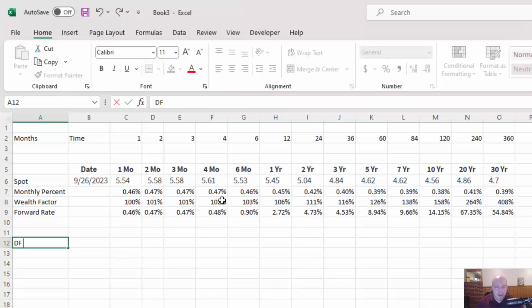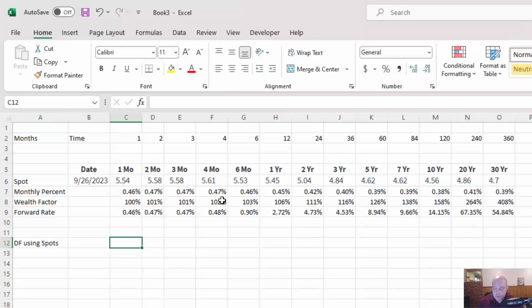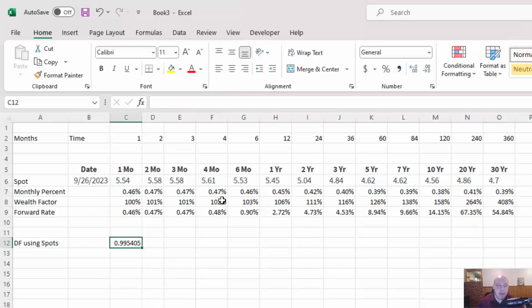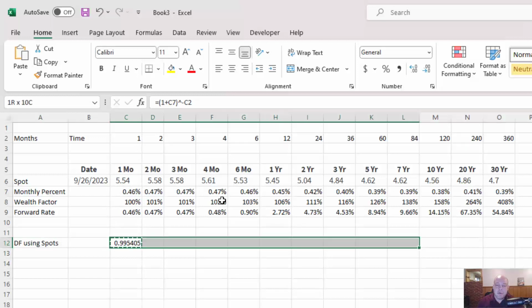So the discount factor using spots is just equal to 1 plus the spot rate at time t, whatever t is, to the negative t. So we discount that back. We get a discount factor of this. And if we drag that over, we get this series of discount factors here.